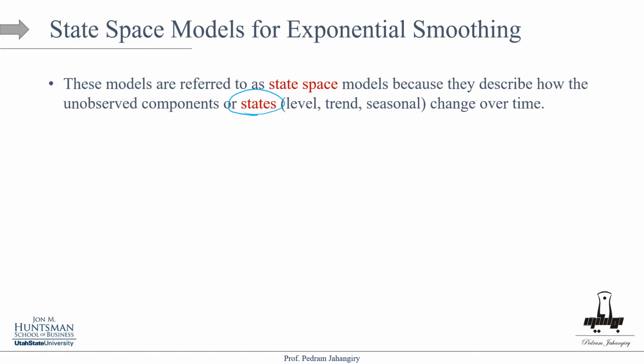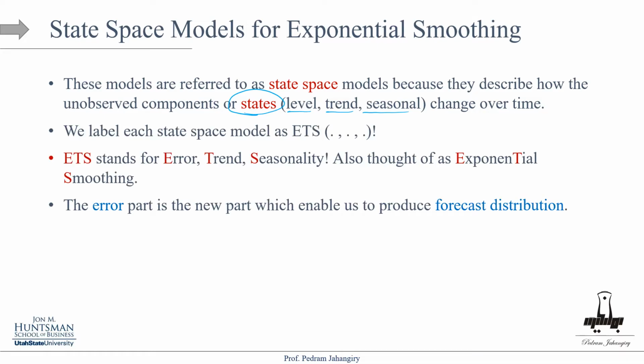Remember, in smoothing equations, we had levels, trend, seasonality, and we were keeping track of how they are changing over time, right? So that's why we can also call these things state space models. So we can label each state space as ETS, and we can show them with three different components, right? So E stands for error, T stands for trend, and S stands for seasonality, right? So that's why we call these things ETS.